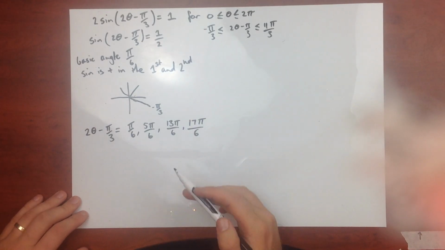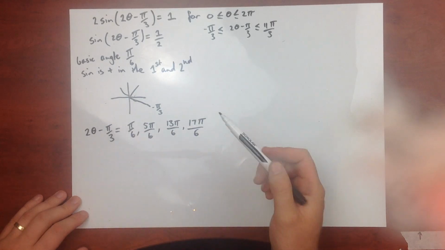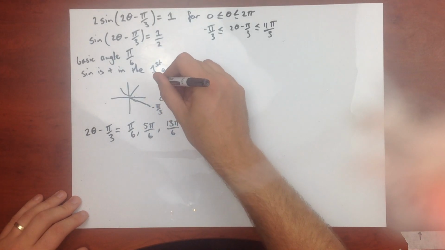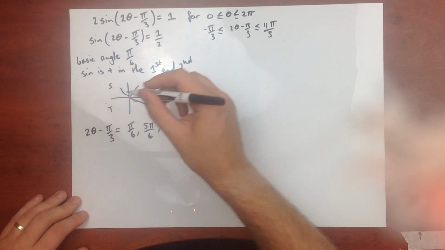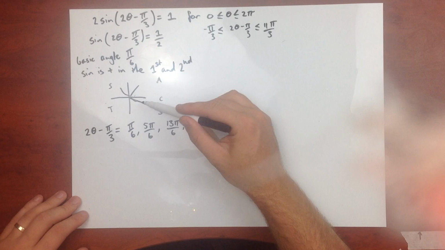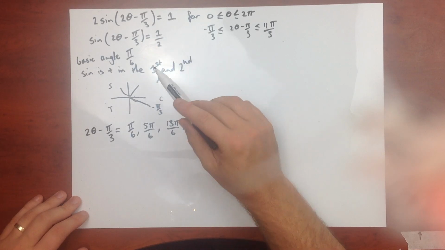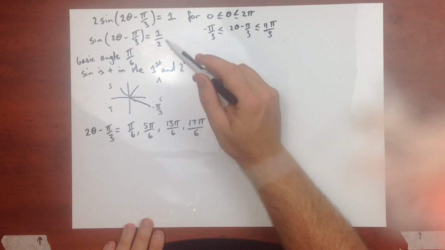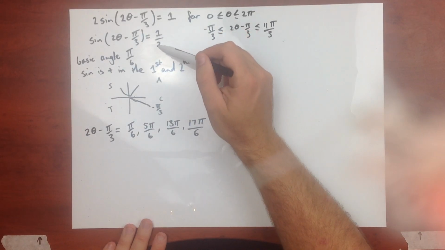So the times that it can become a bit tricky, like we saw here, is if we were, say, looking at cos. And with CAST, cos is positive here. So it just depends on where our angle was. We could have been looking at pi on 6, so we could have had a root 3 on 2.